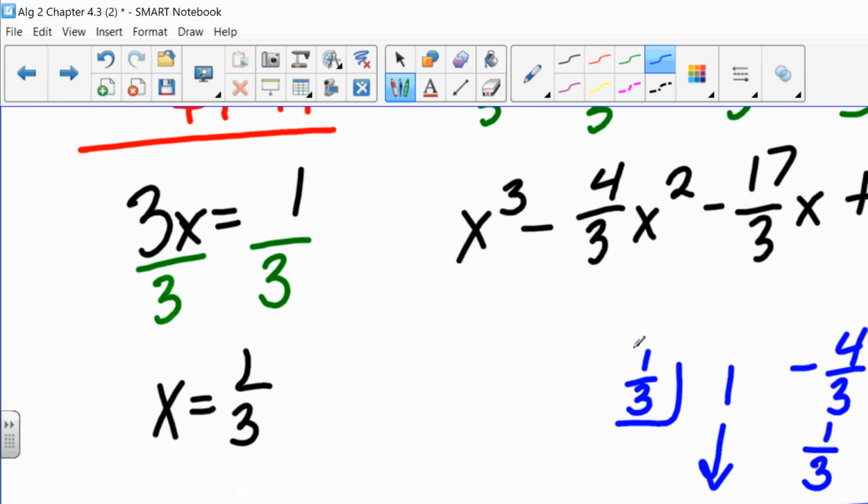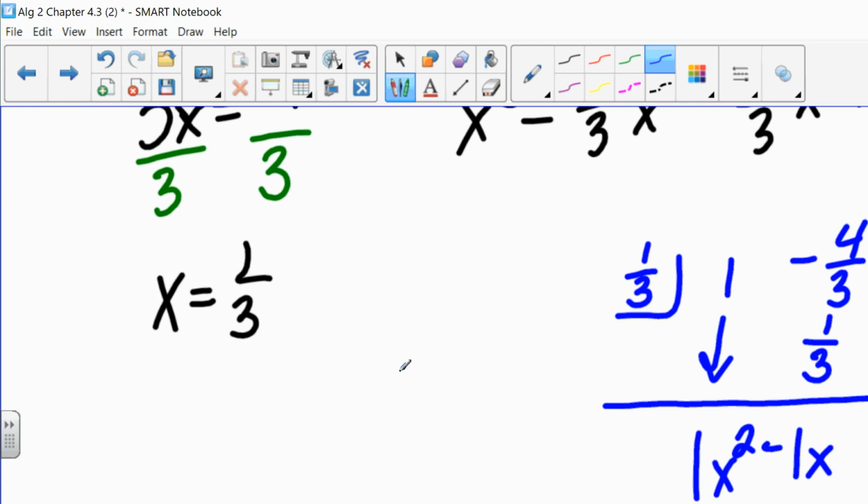So this here would be the remainder. 6 would be our constant. So it would be x squared minus x minus 6. Now we could have solved it the other way, but we would have to have divided by 3 at the end. We need to divide by 3 at some point to get to the correct answer.